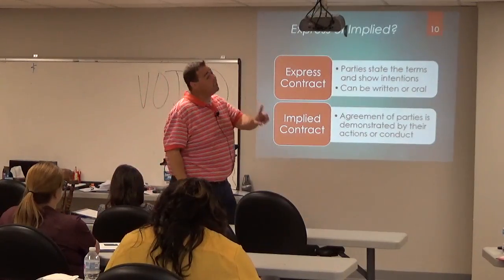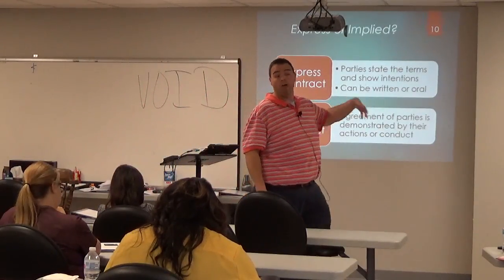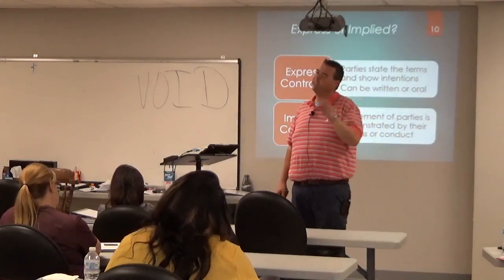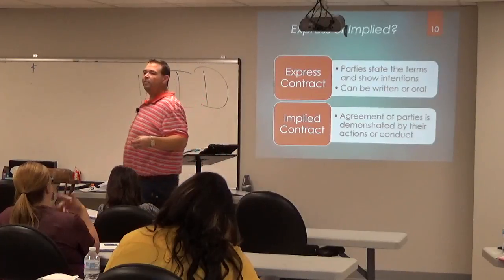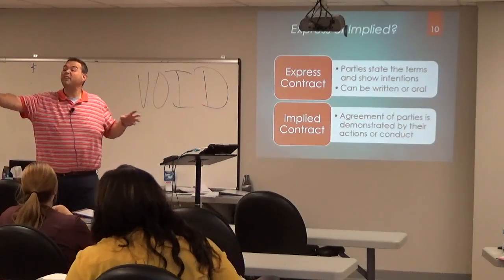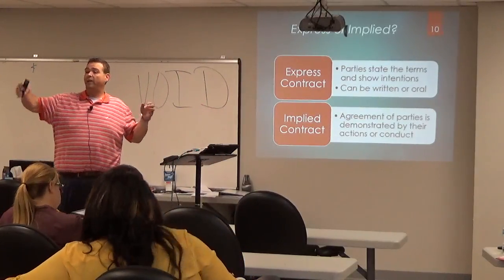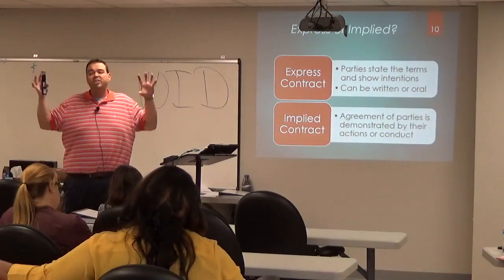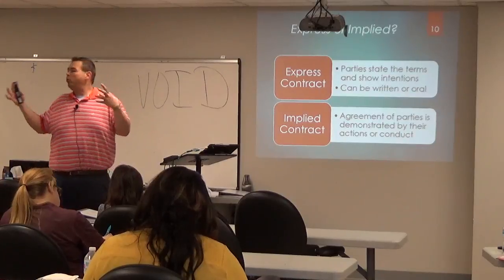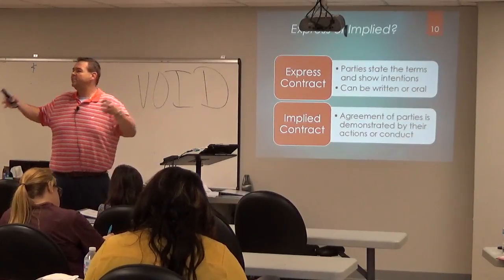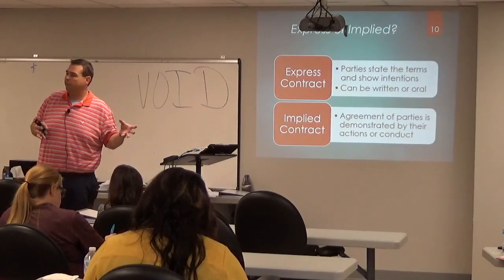Well, written is an example of an express, but we could have an oral express agreement. What's the big difference? If it's express, we've done what? We have specifically stated the terms of the agreement. Even if it's oral, we've made it clear this is our arrangement. Does that make sense for everybody?